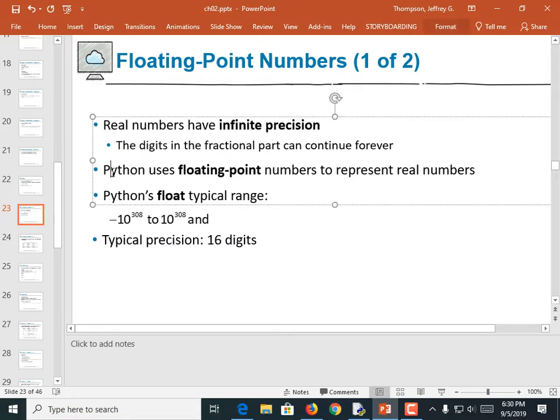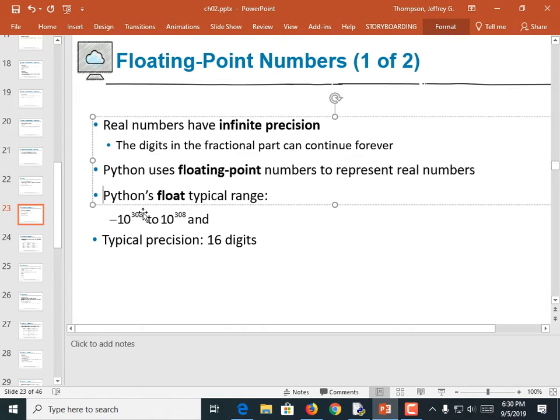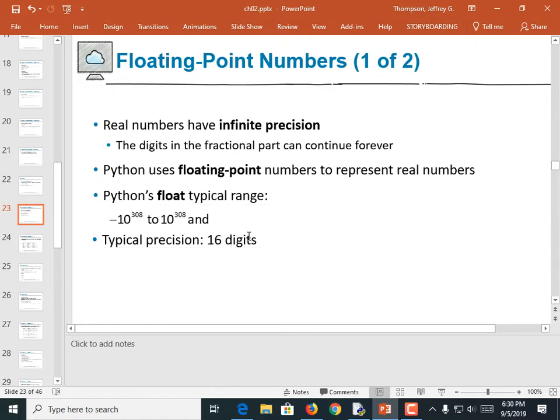So Python uses floating point numbers to represent real numbers, and they can be a number with about up to 308 zeros after them, or preceded by a decimal point followed by about 307 zeros followed by a number, with a precision of 16 digits. What does precision mean?